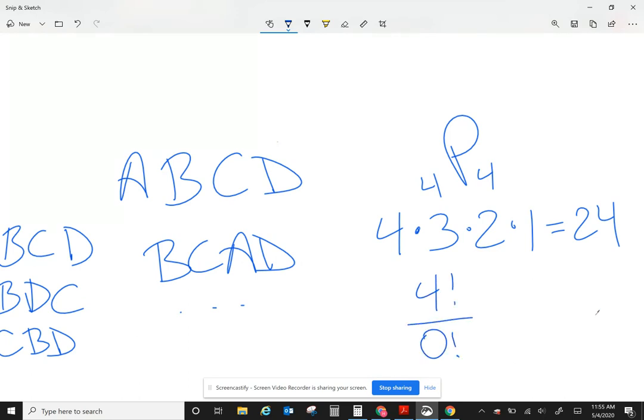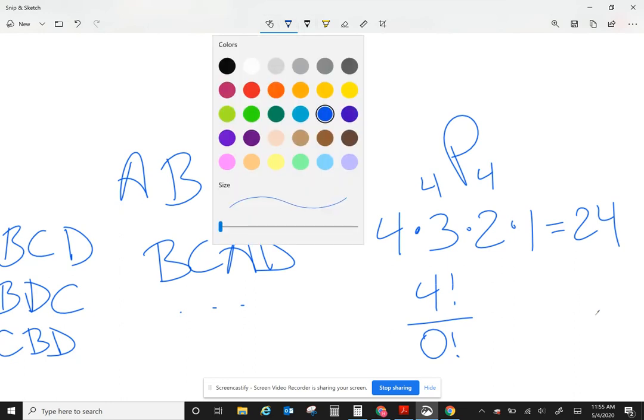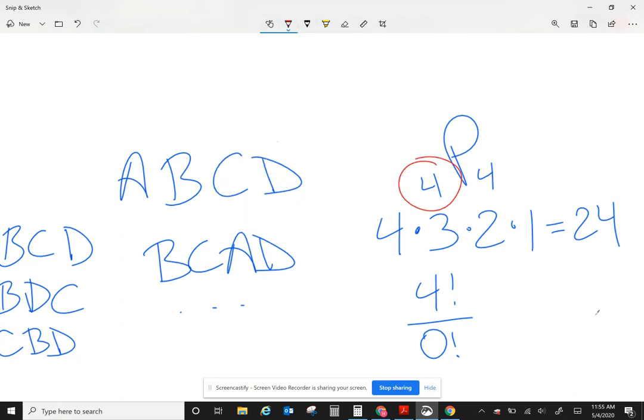I'll talk about what factorial means. 4 factorial over 0 factorial. The 4 on the top comes from this number. Now the 0 at the bottom, I subtracted my first number minus the second number. That's how I got the 0 factorial.